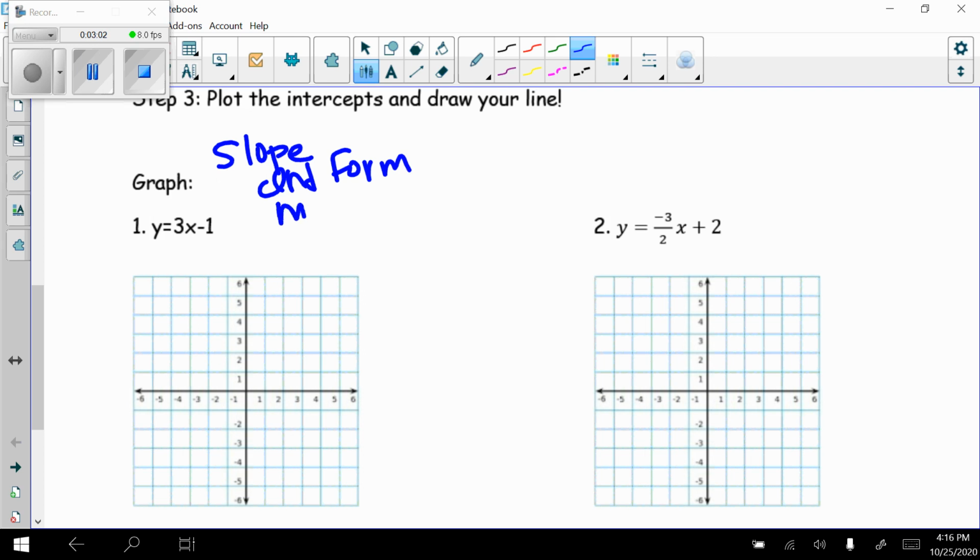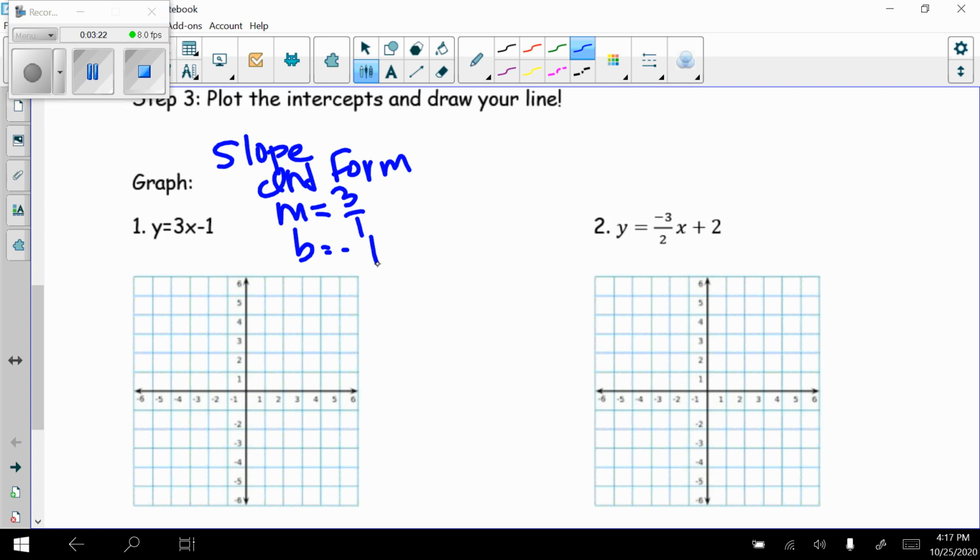So our slope, m, that's the number in front of x, that's the coefficient in front of x. In this case, it's 3. So my slope, remember, is rise over run, so that's the same thing as saying 3 over 1. My y-intercept is the number being added or subtracted, and so that's negative 1.